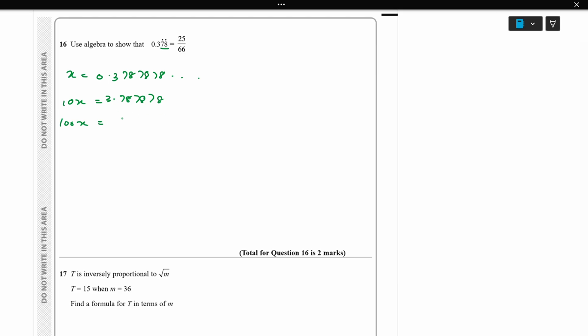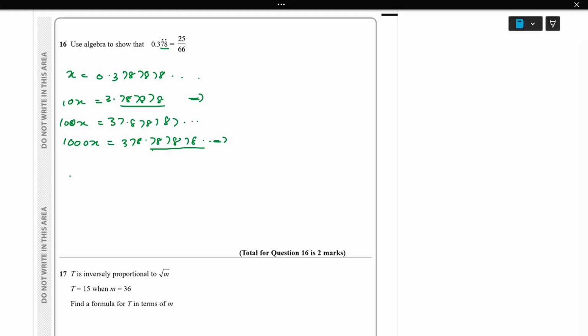Now 100x is 37.878787 going on. Nothing is matching after the decimal, so I have to multiply by 10 more, so 1000x equals 378.787878 going on. Now this is matching after the decimal, so I need to subtract these two equations.